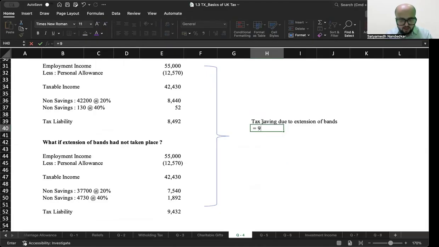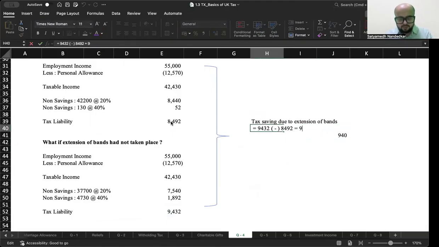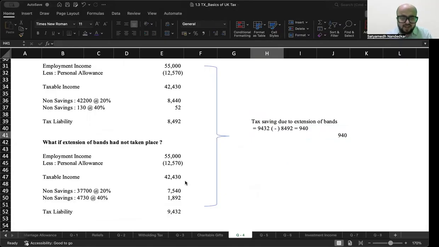How much is that? 9,432 minus 8,492. How much does that come to? 940, correct? So what has effectively happened is that there has been a reduction in the amount of tax paid, correct?